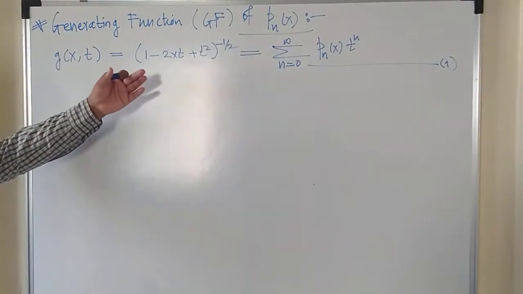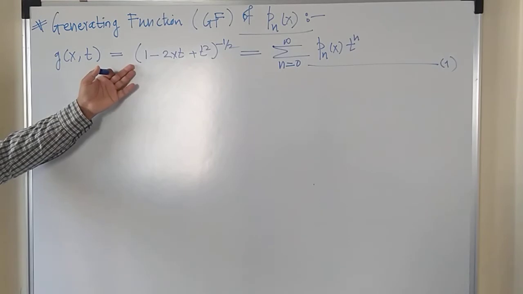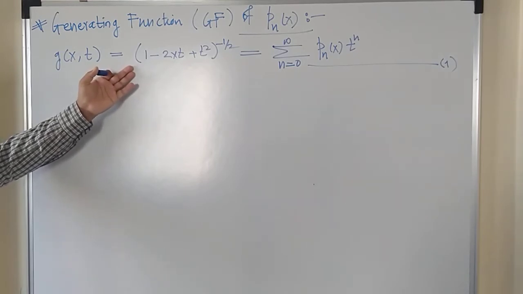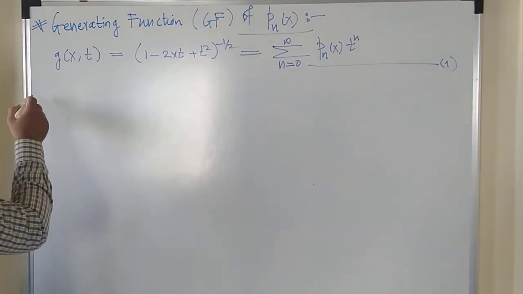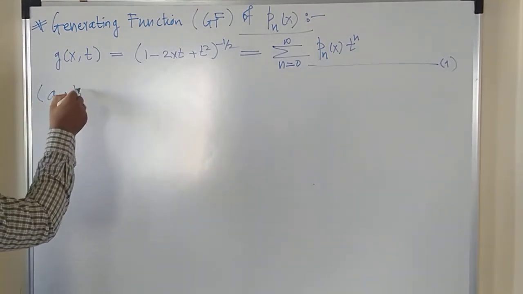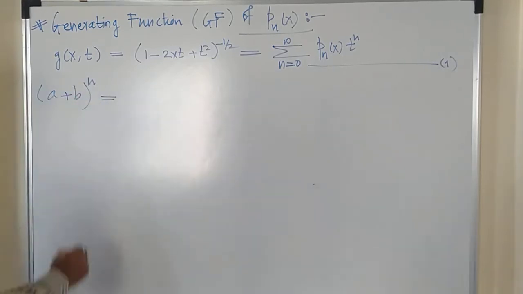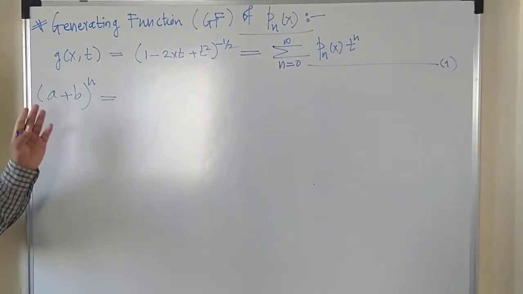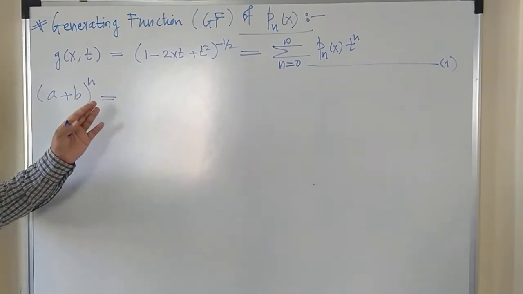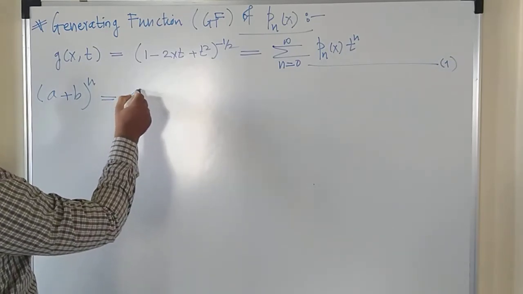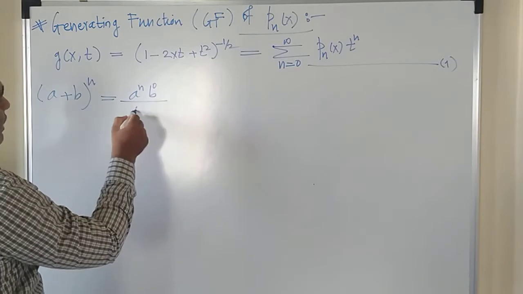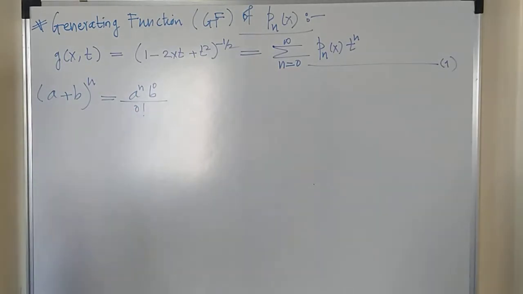But for obtaining the first few polynomials of the Legendre function, we need the binomial expansion, which you have been studying from 11th standard. Its expansion is: a plus b raised to power n is equal to, where the power of a goes on decreasing whereas the power of b goes on increasing. The very first term is a raised to n b raised to 0 upon 0 factorial. Whatever is the power of b is in the denominator with factorial.